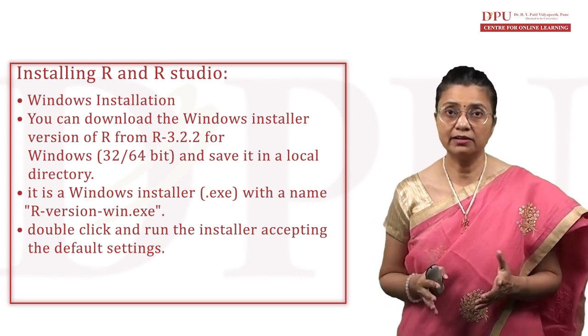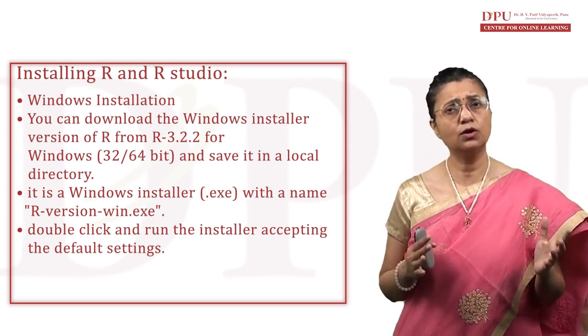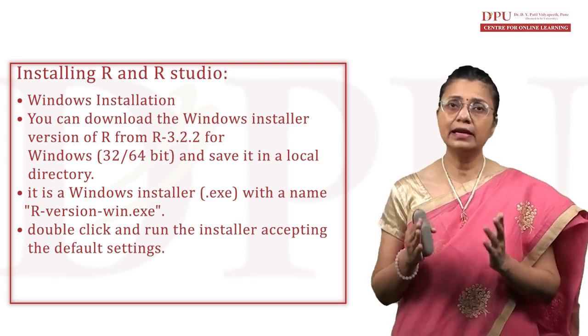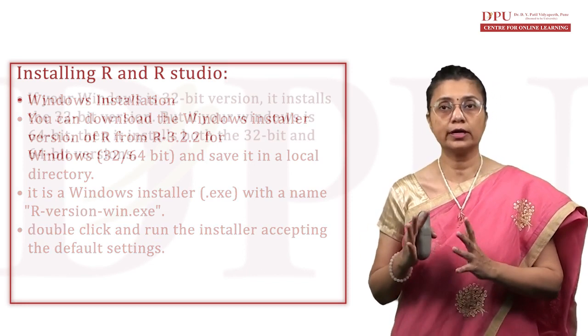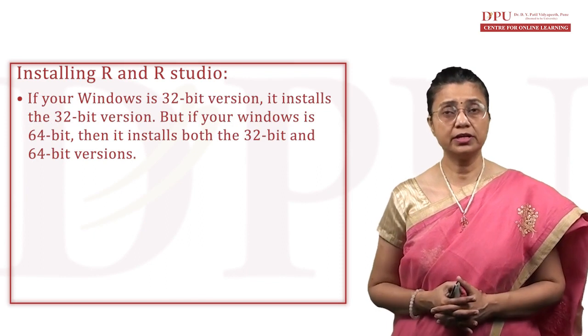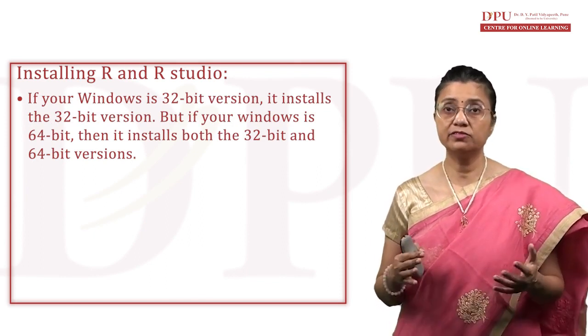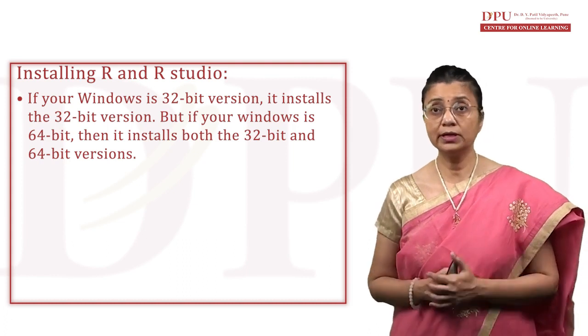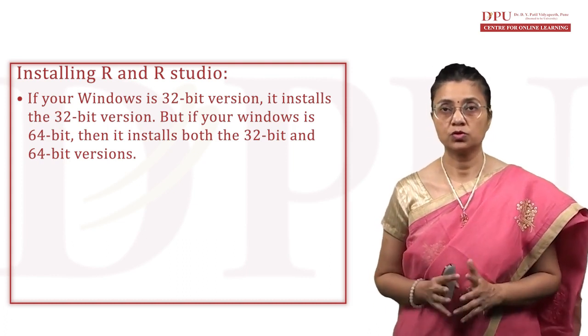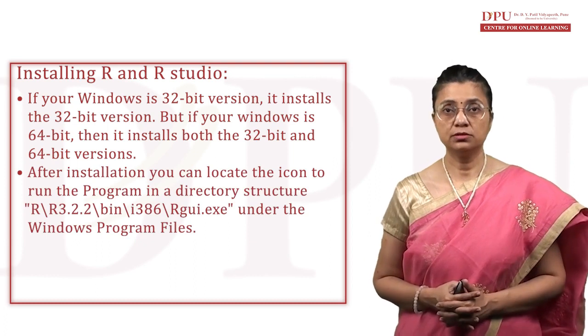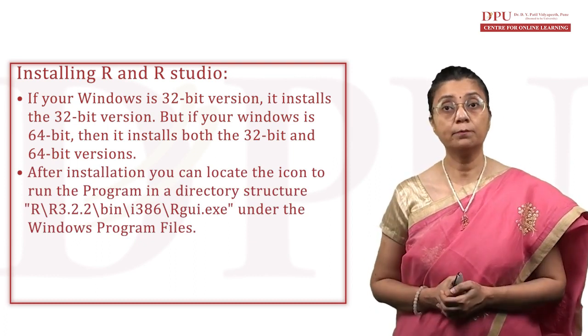We double click on it and run the installer accepting all the default settings by just clicking next, next, next and OK. If your Windows is 32-bit, it installs the 32-bit version. But if your Windows is 64-bit, it will install both the 32-bit and 64-bit versions. After installation, you can locate the icon to run the program.